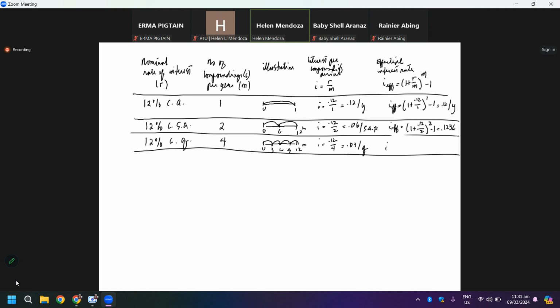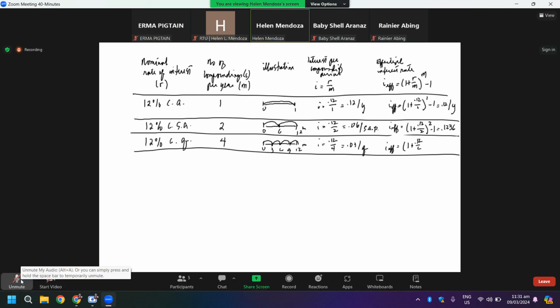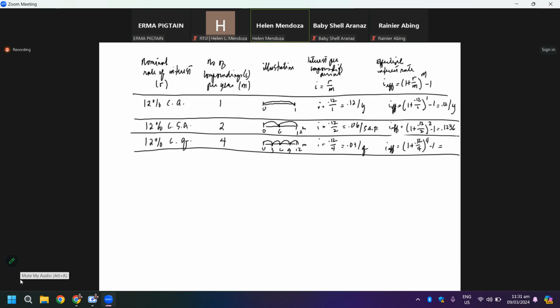Hindi mo kasi masyadong makikita yung interest per compounding period. It is like, wala pinagkaiba siya. Yung isa 12%, yung iba 6, hinati lang, hindi mo maramdaman. But when you look at the effective interest rate, this is now where you get to realize, ay, magkaiba nga sila. Raised to 4.